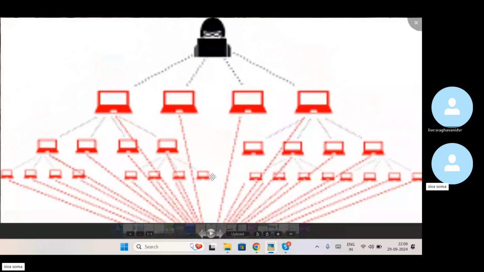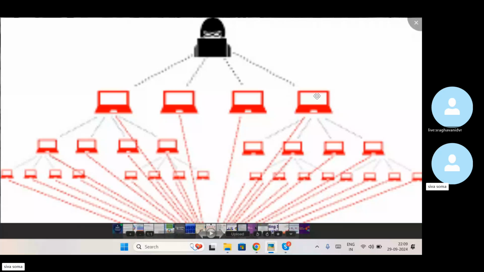It's also one type of attack. Next one is DDoS attack. DDoS attack is denial of service. Denial of service means deny the particular services. Here one person is sitting, he is accessing a laptop, and at the next level there are 4 laptops under his control.